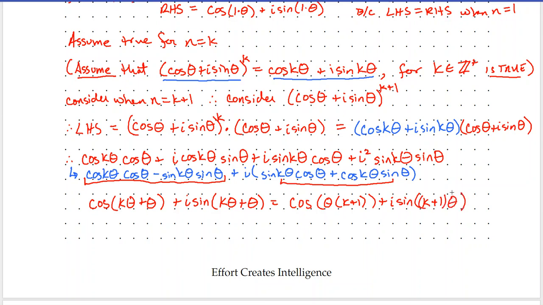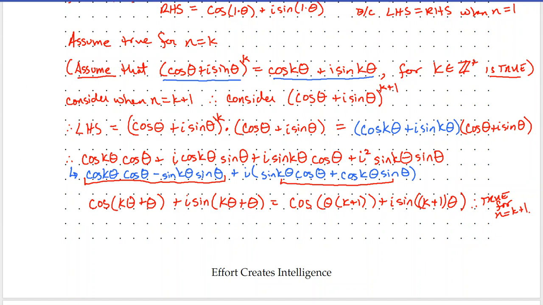Which way I factor, to the left or to the right, doesn't matter. So what does this mean? This means we are true for n equals k plus 1.